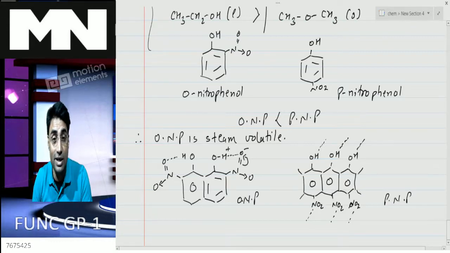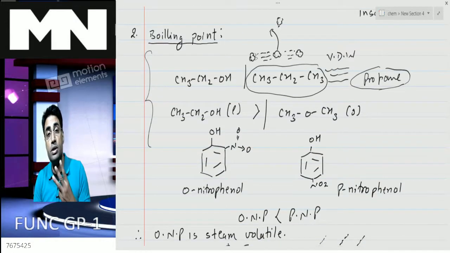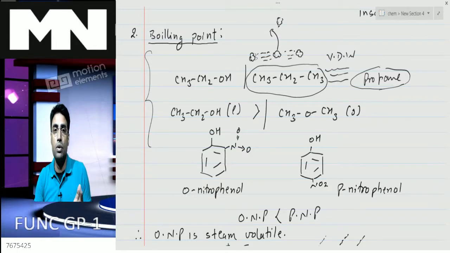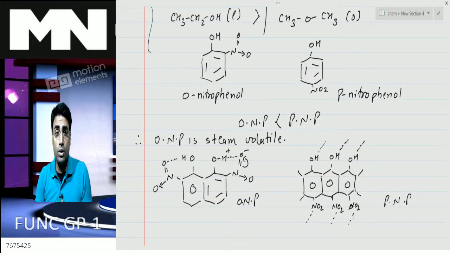So this is an exercise question given in your textbook. So based on boiling point, we have done 3 different questions from your textbook. Like why alcohols have a higher boiling point as compared to corresponding hydrocarbons, why ethanol is a liquid and dimethyl ether is a gas at room temperature, and among ortho and para-nitrophenol, why orthonitrophenol is steam volatile.